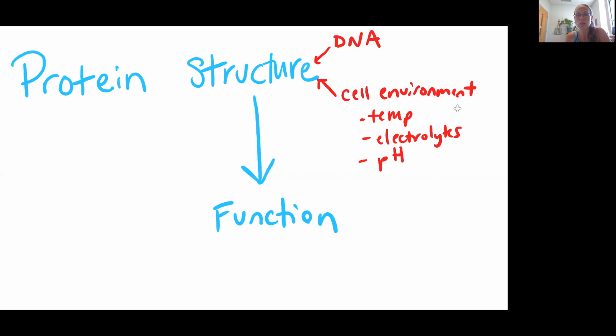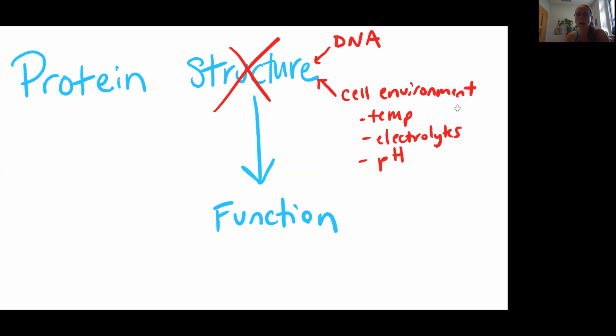And then we will also see that the environment of your cell and the body fluid will also affect protein structure. So temperature and electrolytes and pH can all have an effect on protein structure, which has a direct relationship to its function. So one of the reasons that these characteristics are homeostatically regulated is to ensure that our proteins are shaped the right way so that they can function the right way.